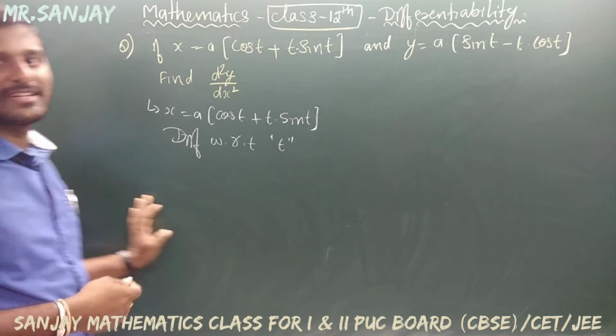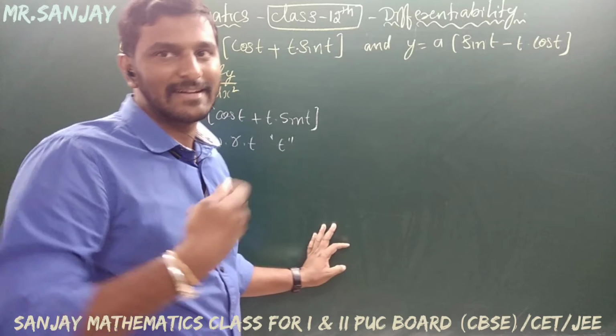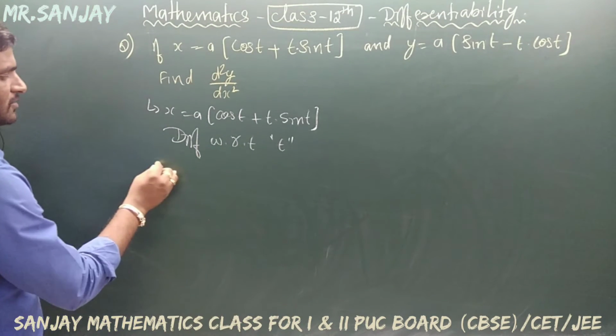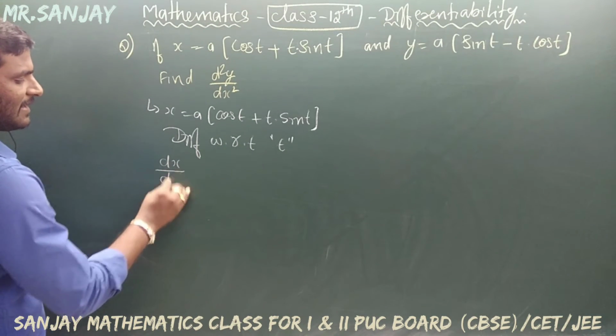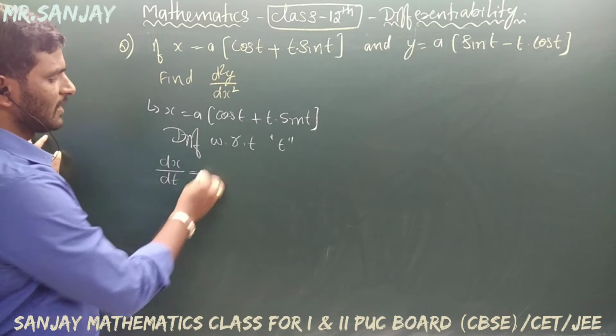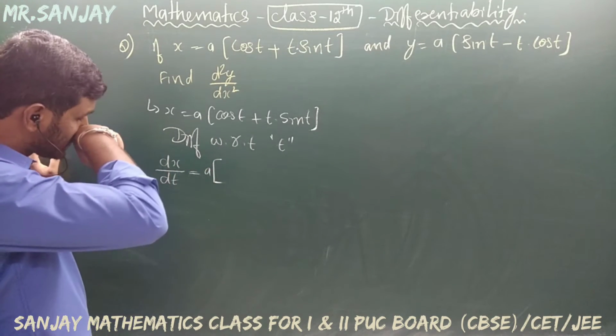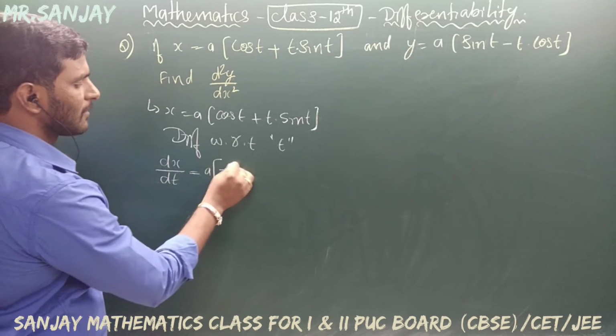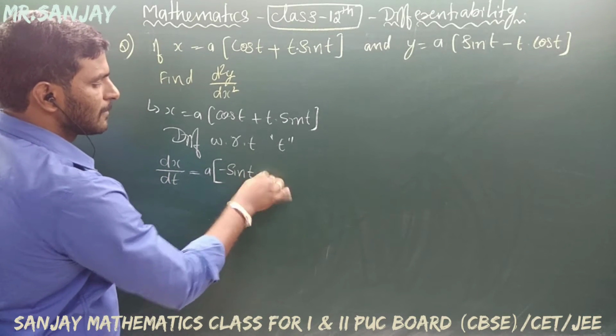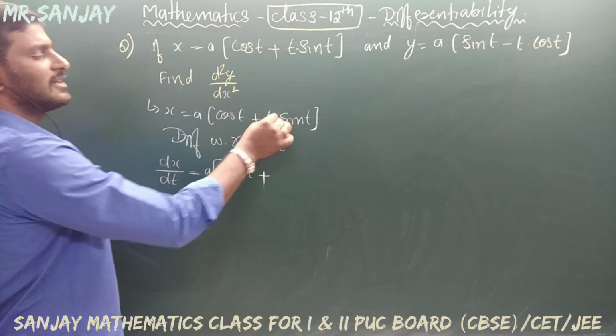Correct? First find out the dy by dx, after that double differentiate the function. So dx by dt is equal to a is constant. What is the differentiation of cos t? Minus sin t, plus we need to use the product rule.